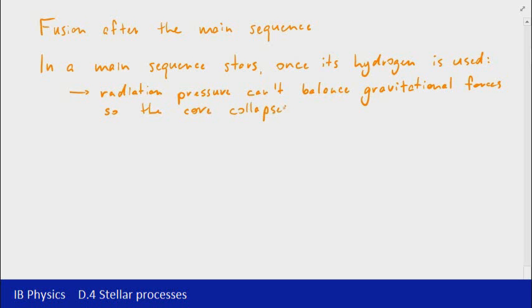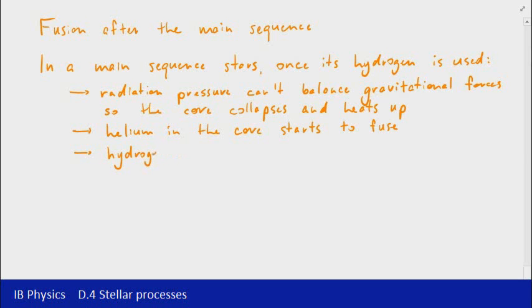One of the other things, as it collapses, it's also going to heat up. The consequence of that, a couple of consequences. The first is that helium in the core starts to fuse. So we then get fusion of helium itself. Any other hydrogen that's around will then expand outside the core.